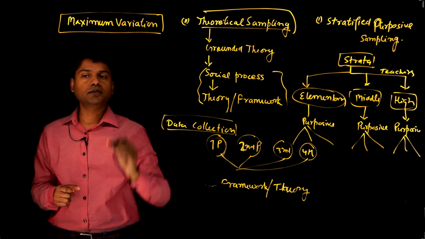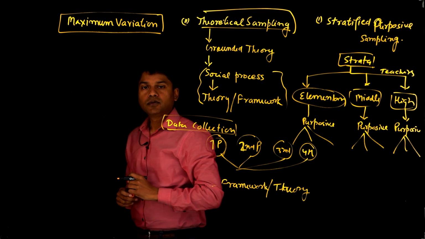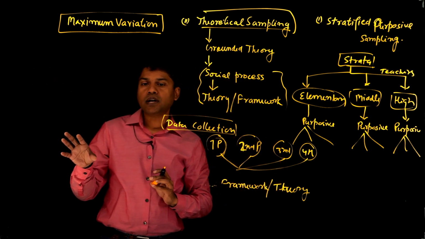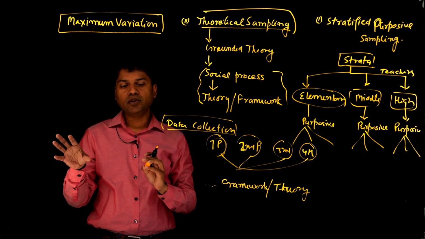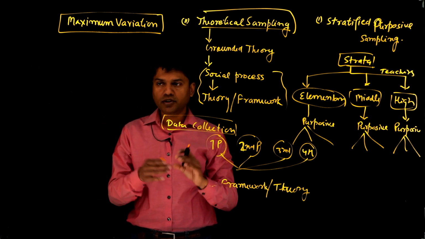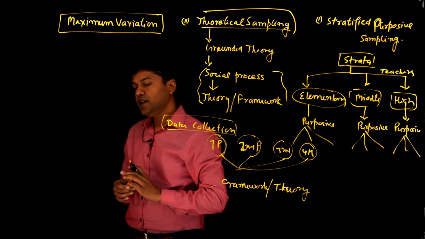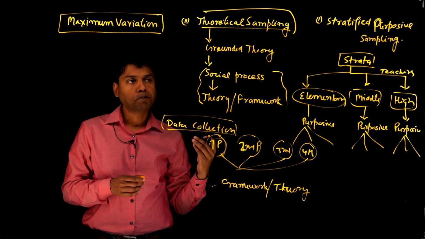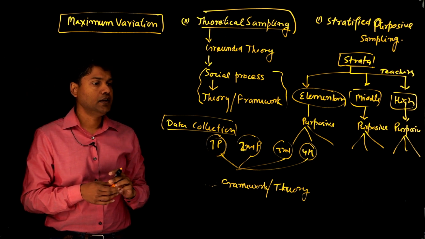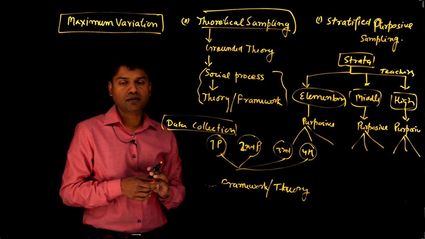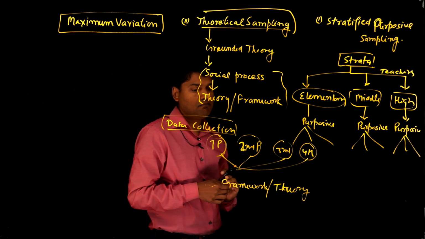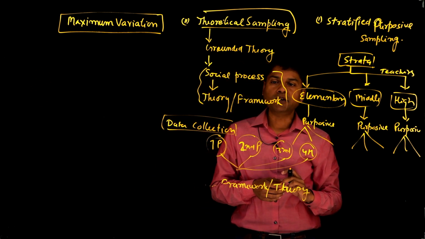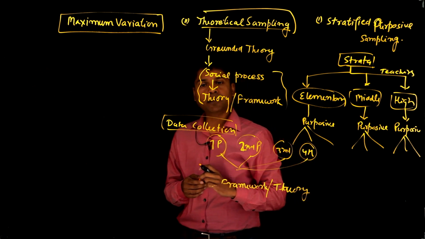So with this strategy, you start when you decide the population that you want to study, and then you decide, okay, I want to study, let's say, black novice women faculty members in academia.